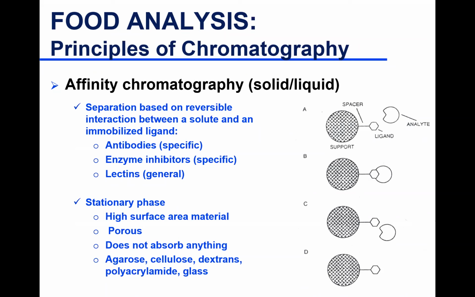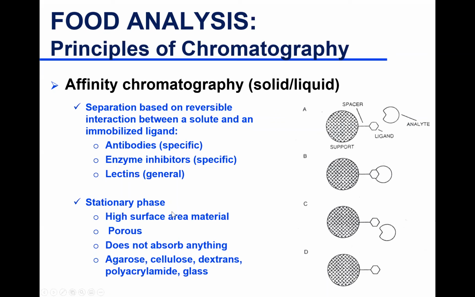And then other enzymes will elute, and then you would have your purified enzyme. Sometimes you are using a general ligand. Lectins, these are ligands that can separate glycated proteins, for example. Any protein that is glycated can be separated by this general ligand here.